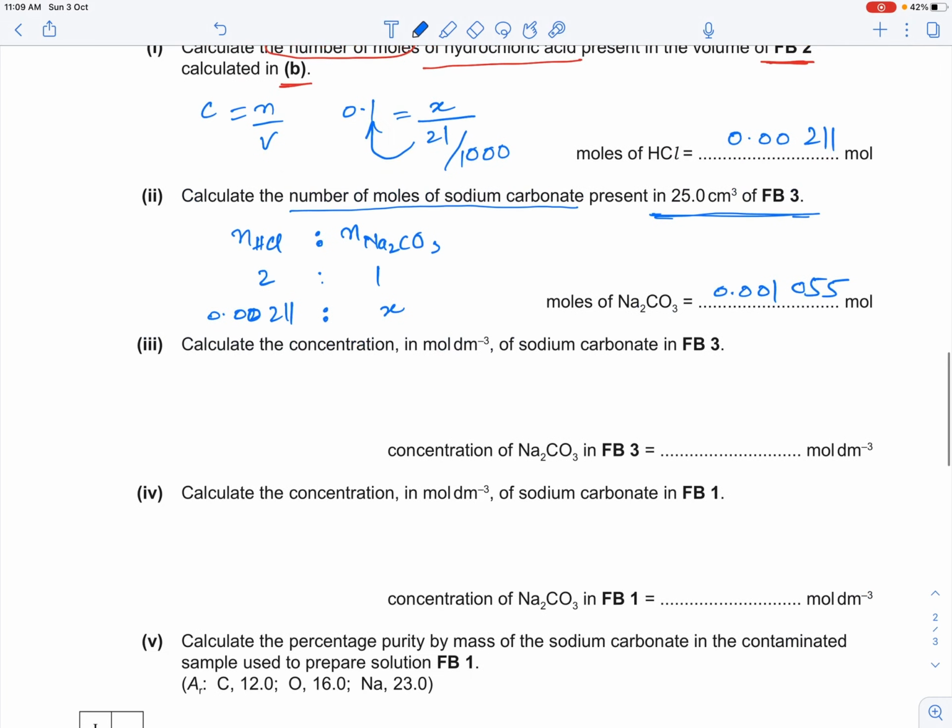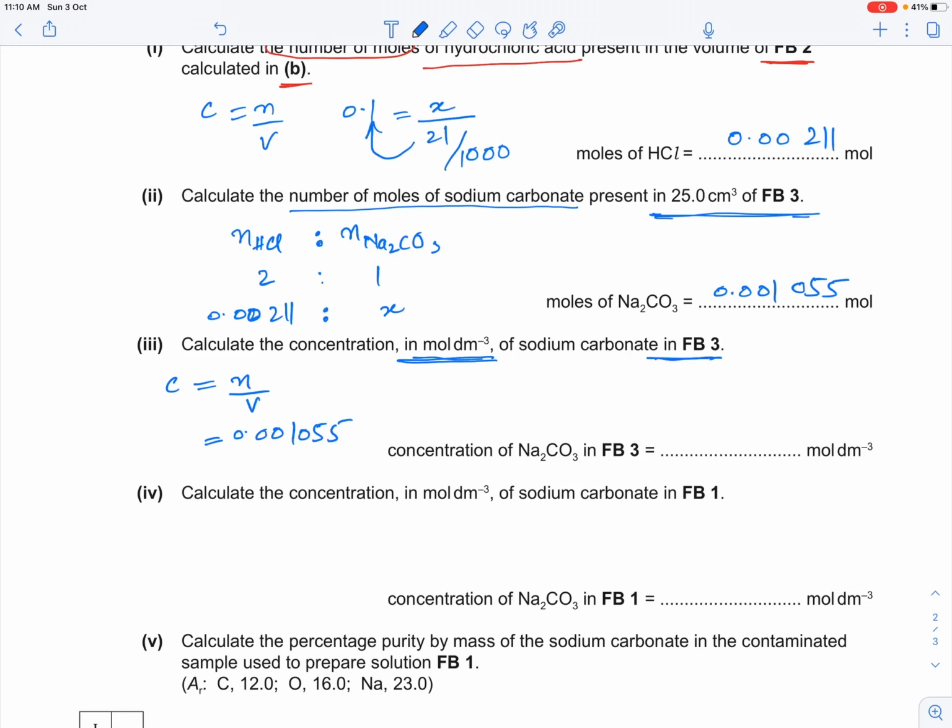In the next part, calculate the concentration in moles per dm cube of sodium carbonate. So concentration, we know the formula C is equal to N upon V. Concentration we have to find out. Number of moles we have just calculated, 0.001055.